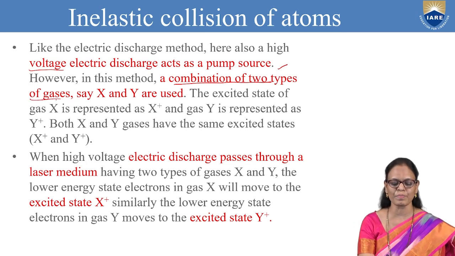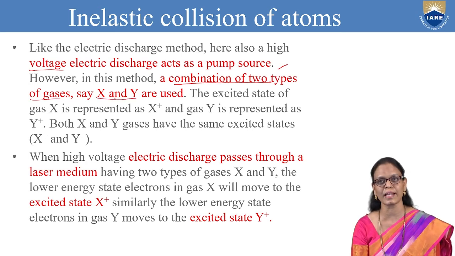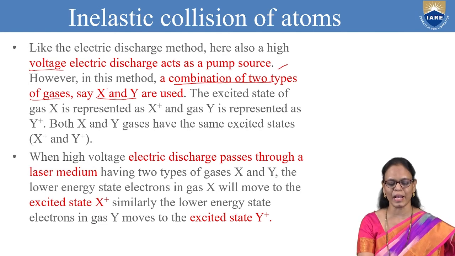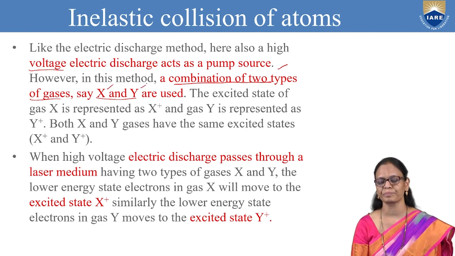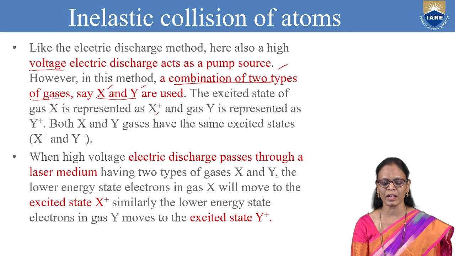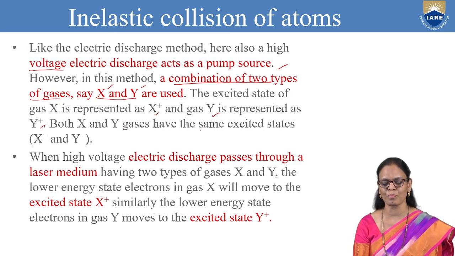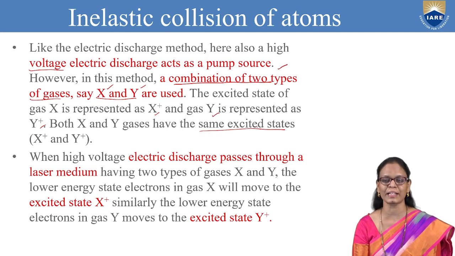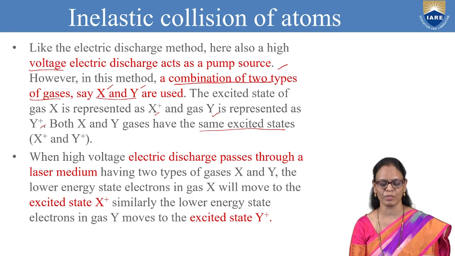We are naming them X and Y. Let one gas be X and the other one be Y. The excited state of gas X is represented by X plus and the excited state of gas Y is represented by Y plus. And usually the excited states may be at the same level. After excitation, they may have the same excited states, which will help them in attaining the population inversion.